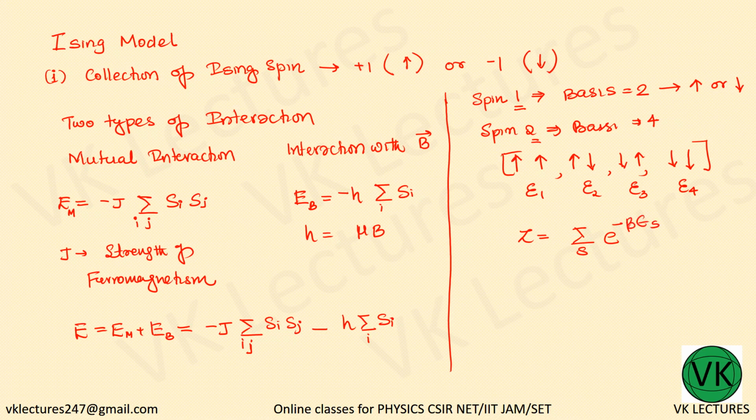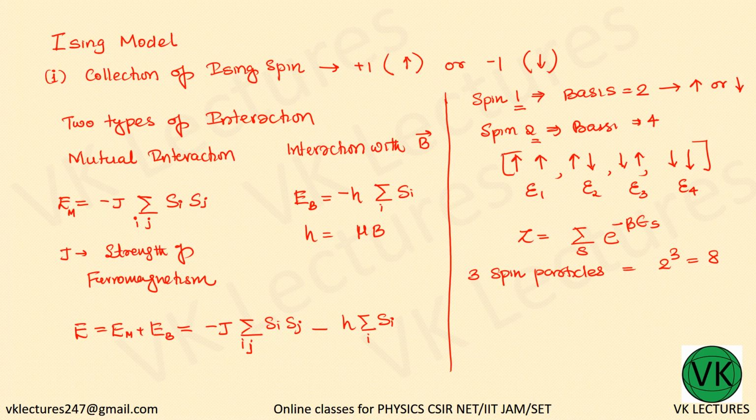So corresponding to 3 spin particles, there is 2 to the power 3, which is equal to 8.